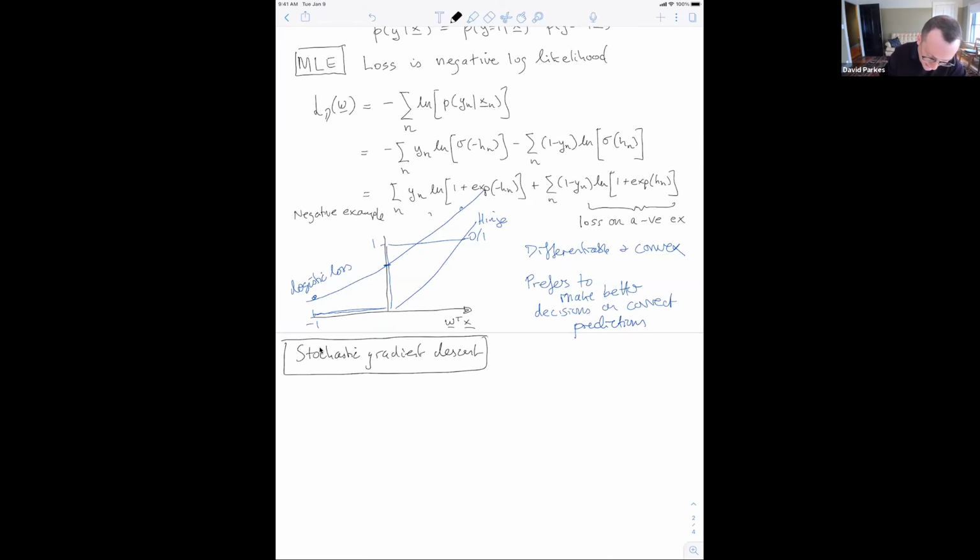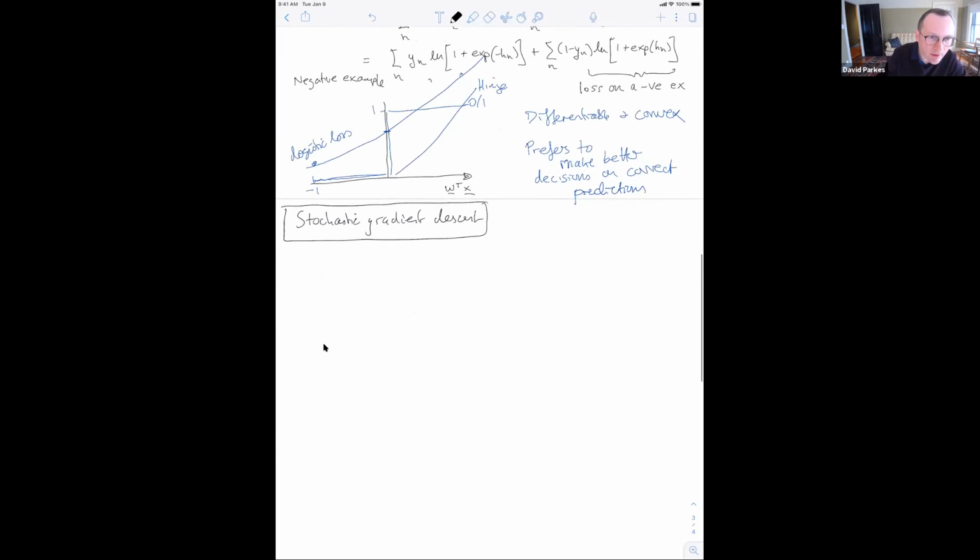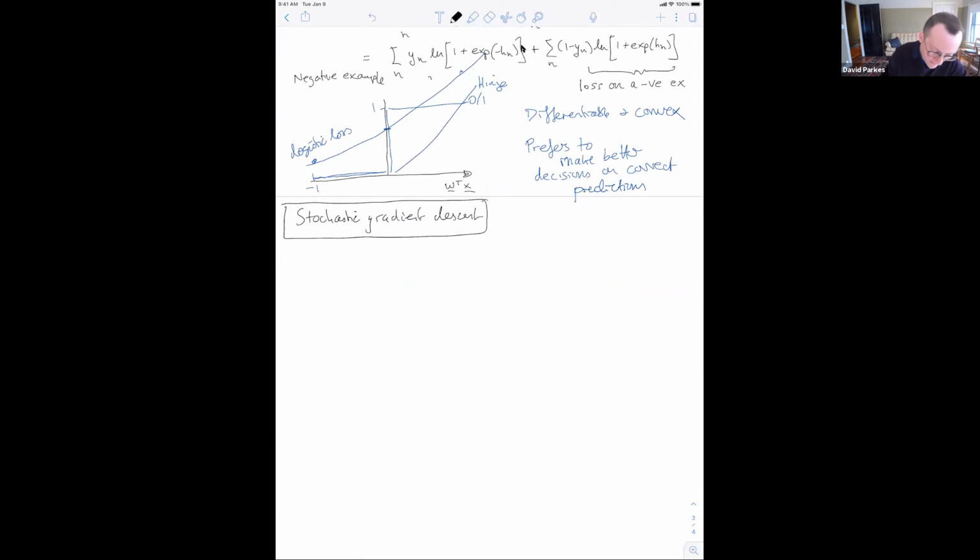What I just want to tell you is that if you work with this loss function and take the gradient and do stochastic gradient descent, we can think about a positive example, and we can think about a negative example.